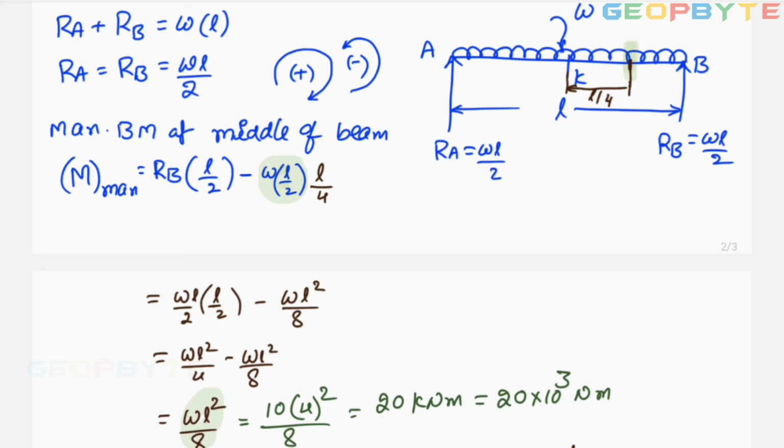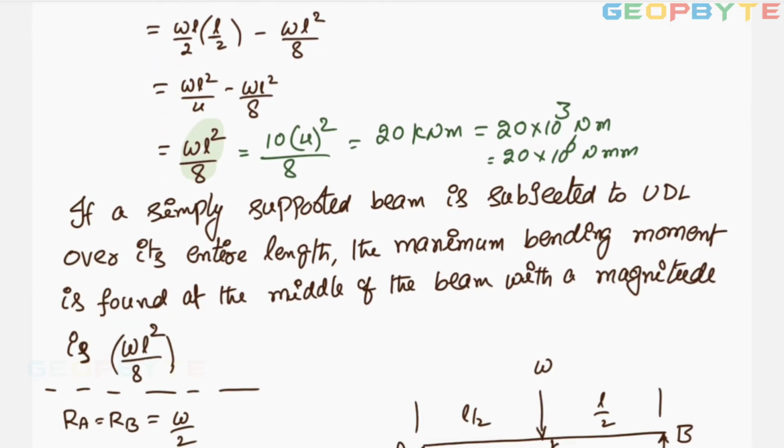But for getting in Newton mm, 20 into 10 power 6 Newton mm. That is the maximum bending moment. Once you know the maximum bending moment, you know how to find the bending stress. So here maximum bending moment M equal to, for a rectangular beam, BD square by 6 into bending stress.